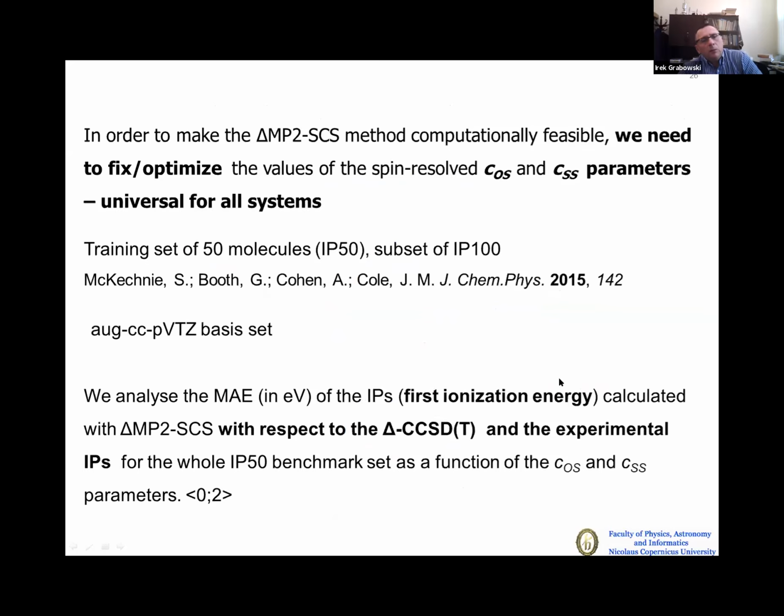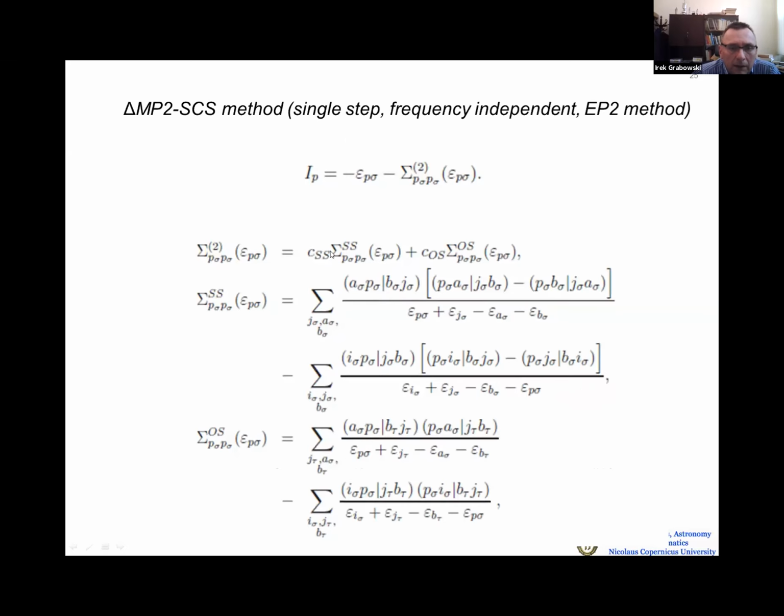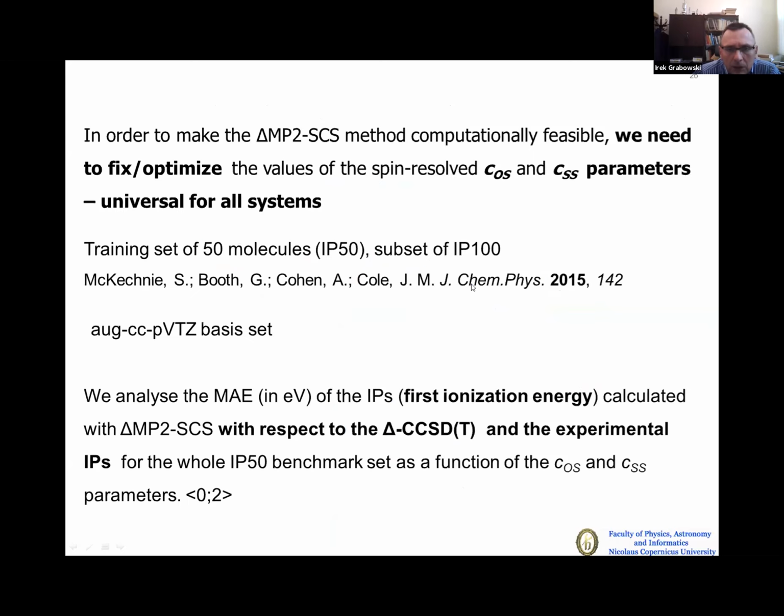So if we want to make the method work, we have to say something about the coefficients. So we checked it for a few systems first, and we found that there is a way to find some universal parametrization in that case.